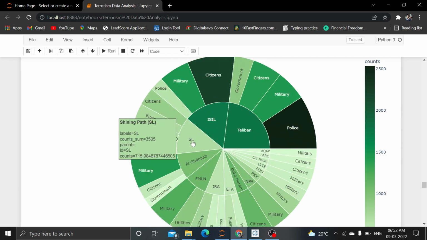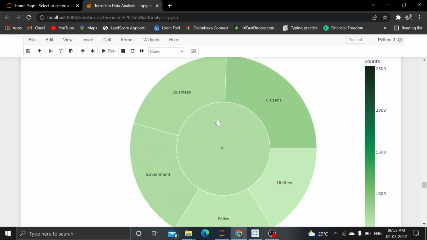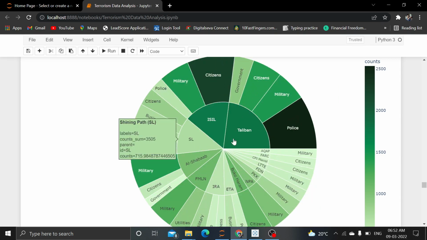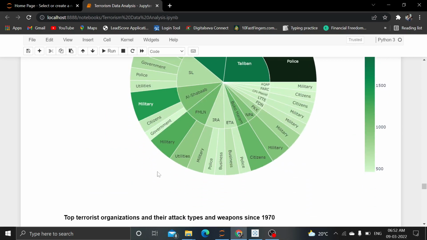And the Shining Path attack business, citizens, government, police, and utilities, but in low numbers. You can click on different items to get the output.